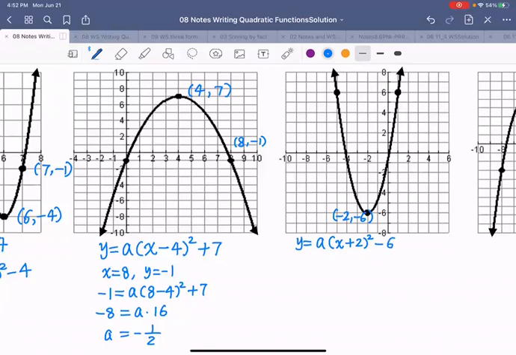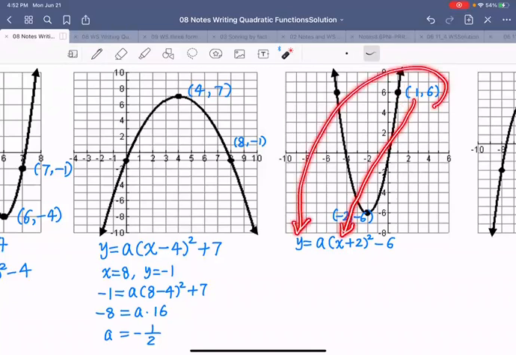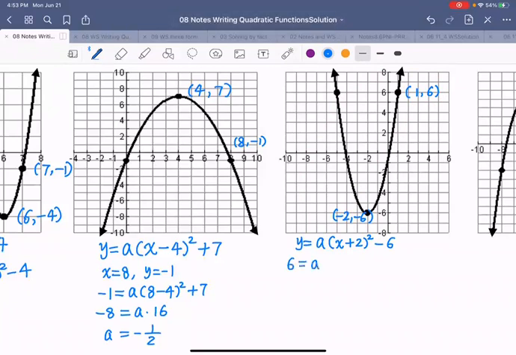Nice. You also have a point here, which is (1, 6). Can you please plug in this value? That's your x. That is your y. Go ahead. Tell me what you do next. 6 equals a (1 plus 2) squared minus 6. Thank you.